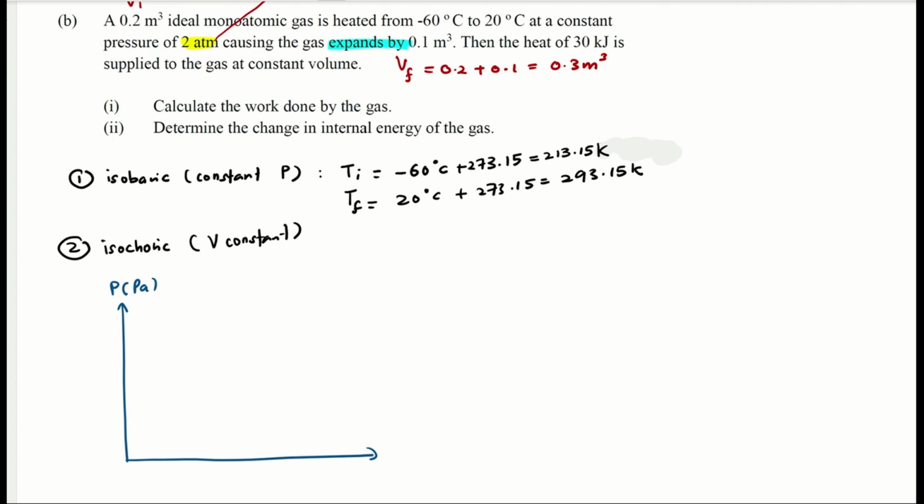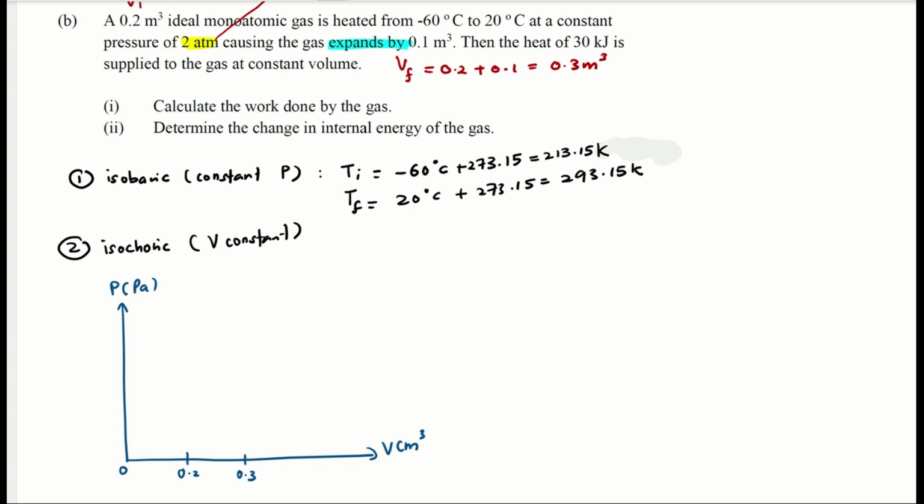And this one should be the volume. Okay, so the volume is expanding. Alright, so from here we consider 0.2 and this is 0.3. Okay, ataupun you nak jauh sikit pun boleh jugalah. Okay, dia just sketch sajalah.